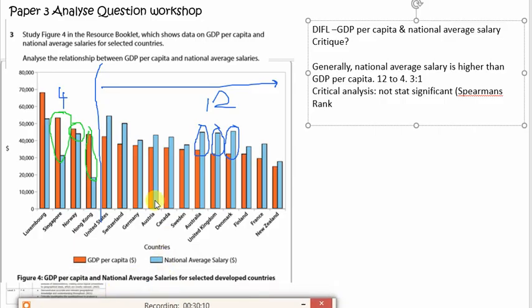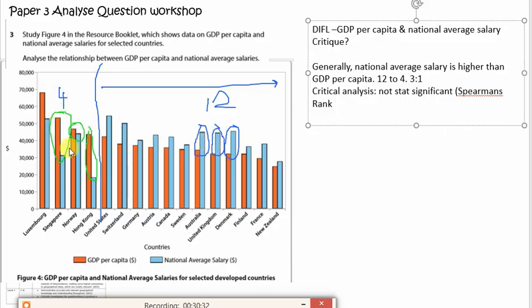So we've got a general view. 12 countries where salaries are higher than GDP per capita, 4 where it isn't. Of these 12, generally speaking, it's not that significant a difference, apart from these 3 countries.